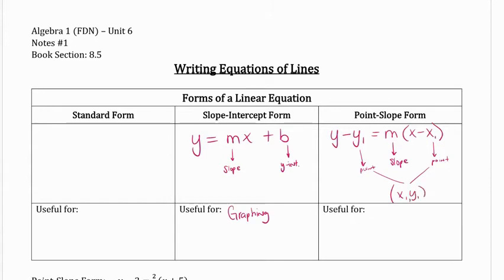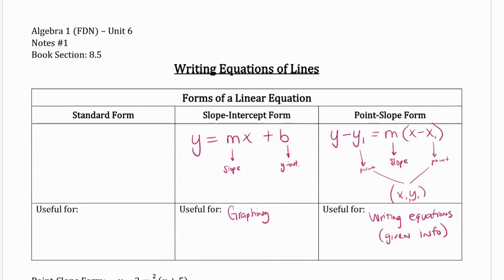And in this equation, we use this a lot of times to make an equation of a line. If I know what the slope is and I know a point that the line goes through, then I can actually write the equation of that line. So point-slope is useful for writing equations given certain information, right?